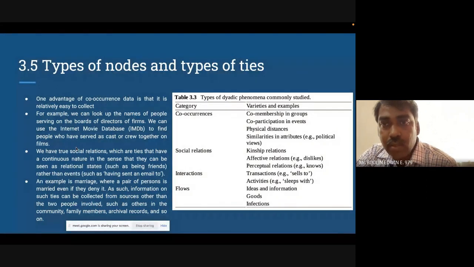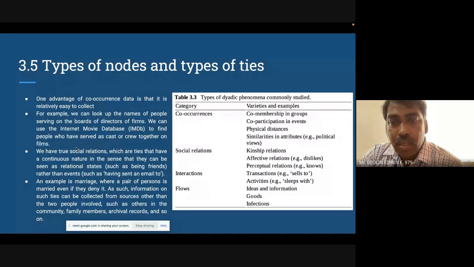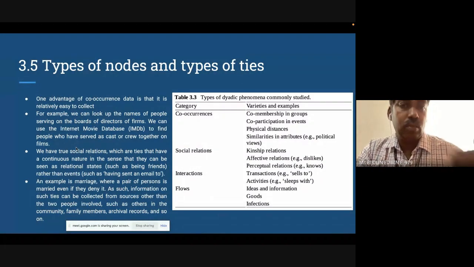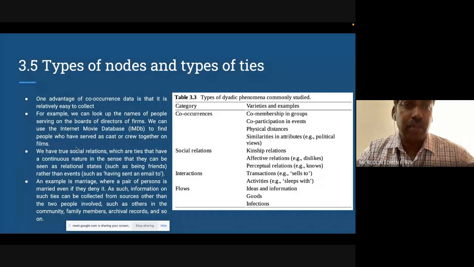Then social relations, kinship relations, affective relations, and perceptual ones. These are the categories, the platforms or modes where we can extract the data and information through these network platforms.